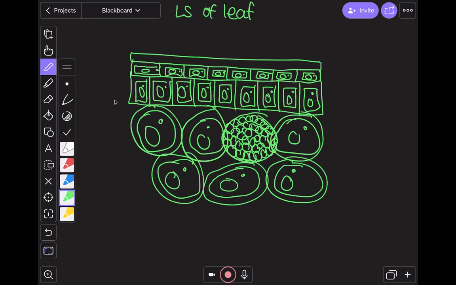So down at the bottom we are going to draw our rectangles again, but we're going to leave gaps.